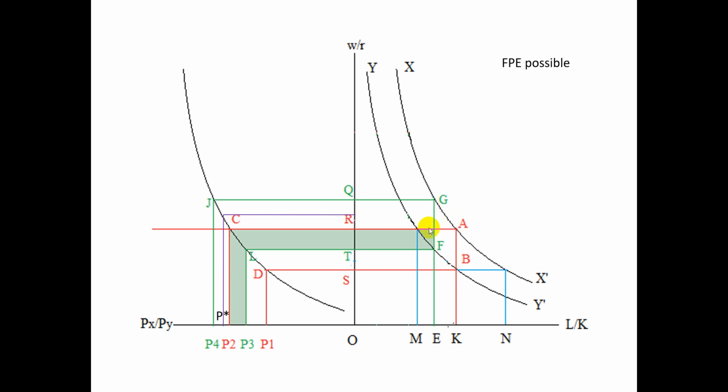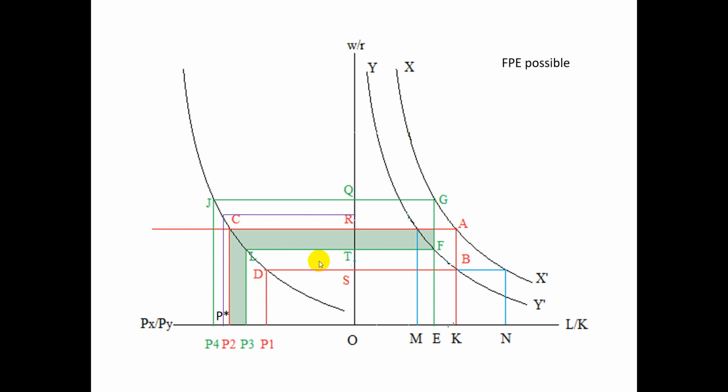So from here we get the wage rental ratio limit at OR, and from this point we get the wage rental ratio limit as S. So RS is the factor price range for country A. So in the pre-trade situation, the factor price ratio for country A will be lying somewhere in the RS region. Corresponding to this factor price ratio, we can find out the relative commodity price ratios also.